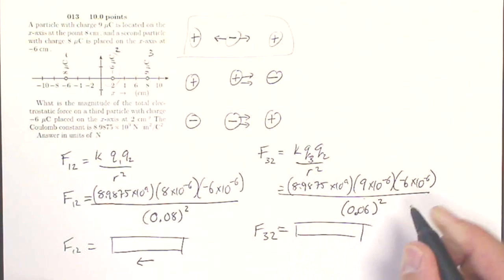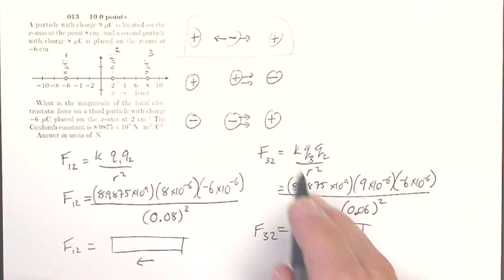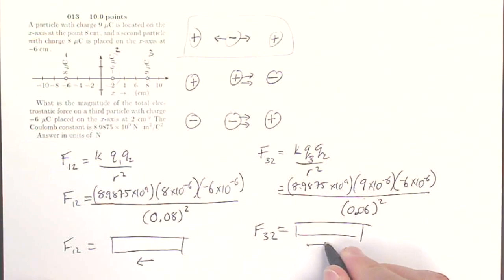Again, this is going to give me a negative. At this point, I don't care. That means that it is attracted to the other one. But since it's attracted to the other one, this force is going to be to the right. So I've got this number and this number. I want to find the difference between them to find my net force.